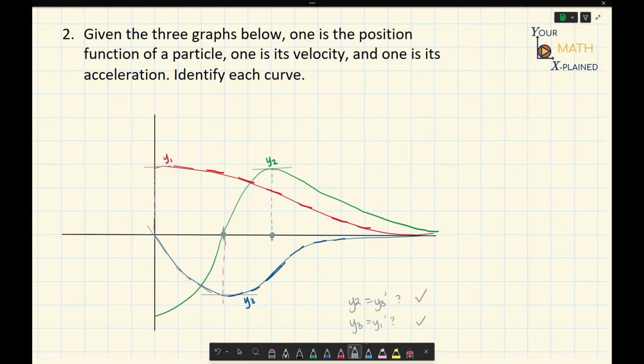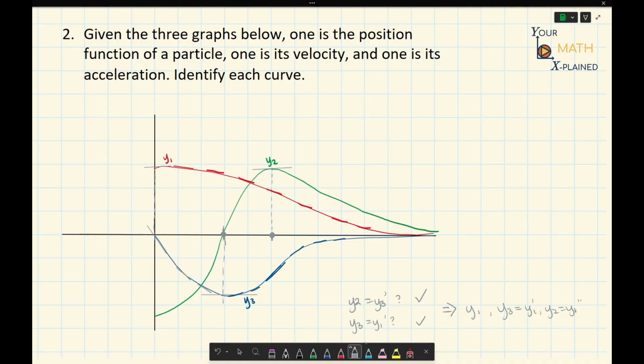So therefore, y3 is the derivative of y1. So from these two, we can see that we start with y1, and then y3 is the derivative of y1. And then since y2 is the derivative of y3, that tells us y2 is the second derivative of y1.